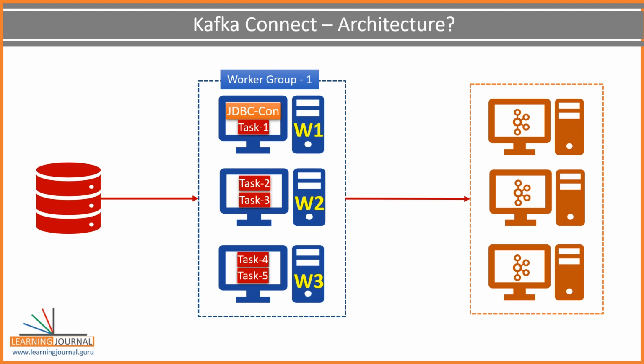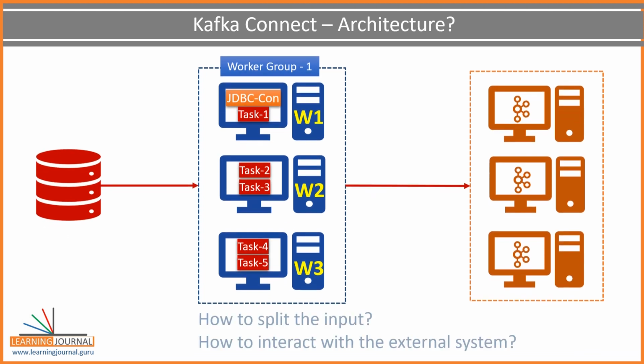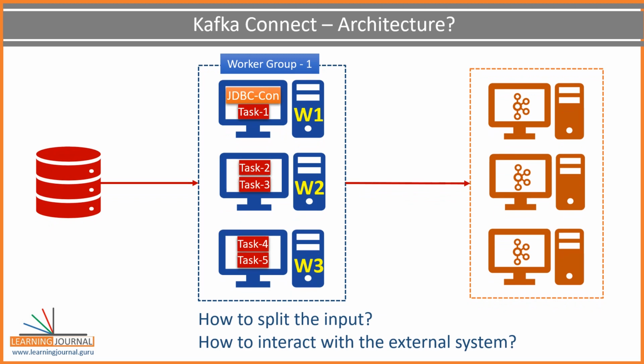Why is it designed like this? Well, that's the reusable design. Reading and writing data to a Kafka cluster is a standard activity. So it is taken care of by the framework. We have two things that are changing for different source and target systems. How to split the input for parallel processing. This is taken care of by the connector class. How to interact with the external system.